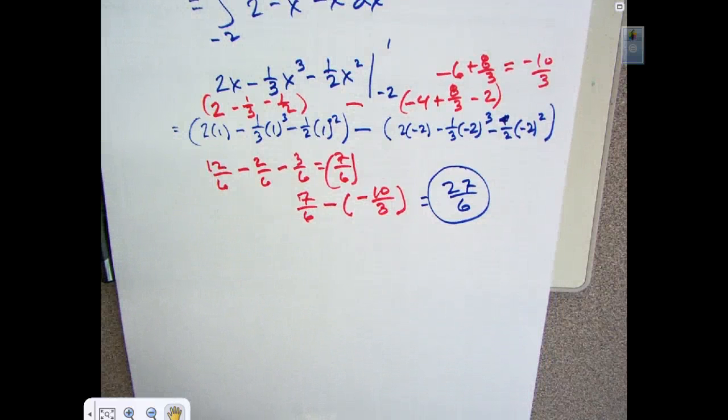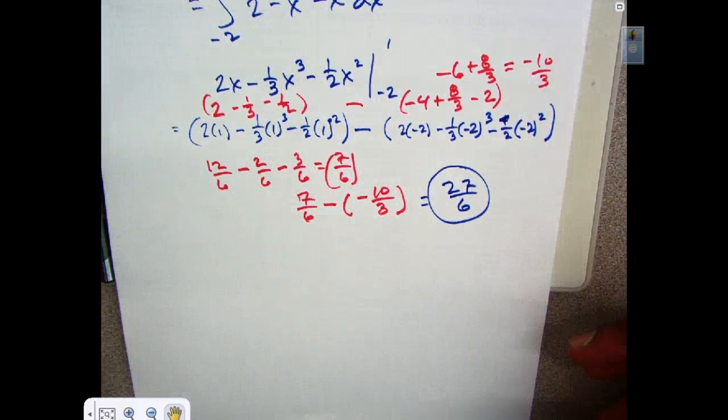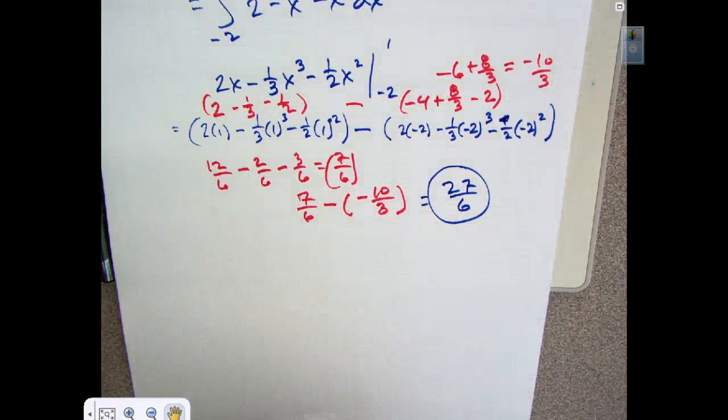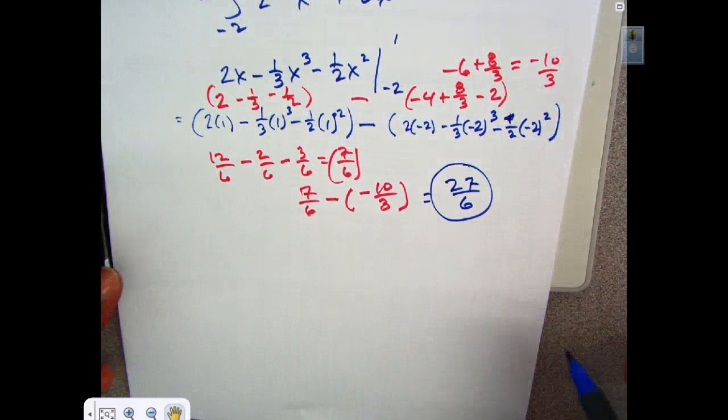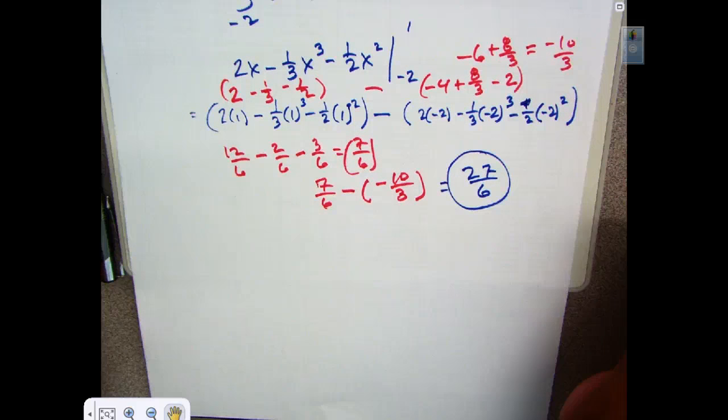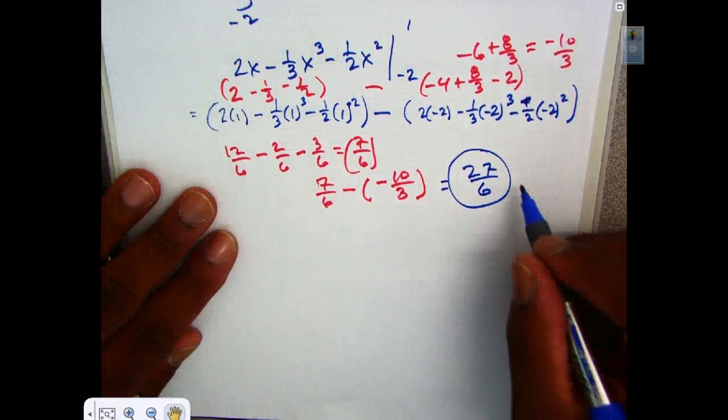All right. Any questions on that part? That would be the area of the region between those two curves, yes. I know I can't add. Simplify 27 over 6.